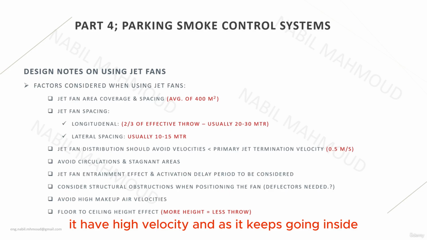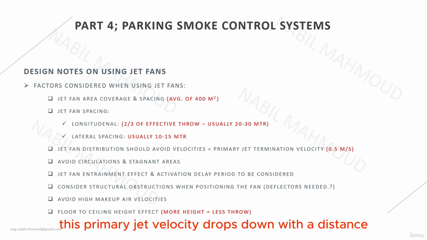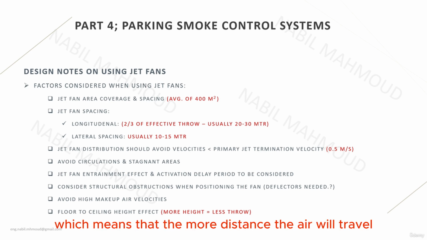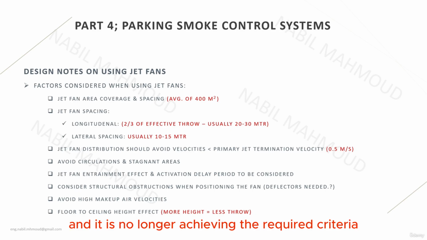As it keeps going inside the area that you are ventilating, this high momentum, high velocity discharge air loses energy. So the primary jet velocity drops with distance, which means that the more distance the air travels, the lower its speed becomes, until it reaches a certain point where it is no longer useful and no longer achieving the required criteria.